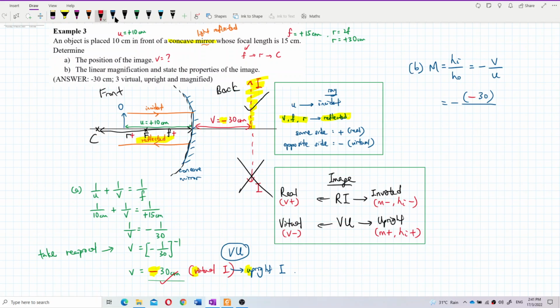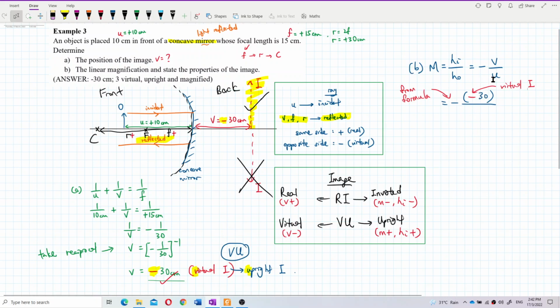This negative is from the formula. This negative is from the characteristic of the image, which is virtual. Understand? So don't say that, oh, the formula got negative already, then this V no need to put negative. Wrong. V got its own negative if it is a virtual image.